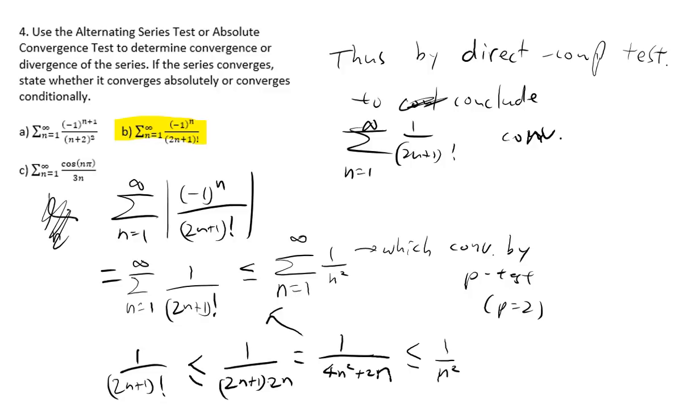Yeah, so that saves a little bit of time compared to when you did the ratio test. But you're probably better off with the ratio test, so try to do the ratio test, although I just did the direct comparison test.